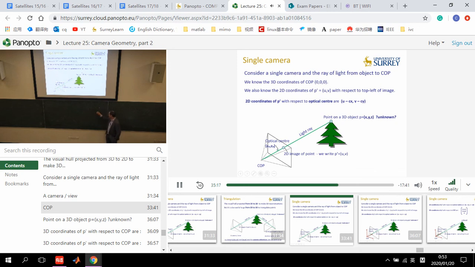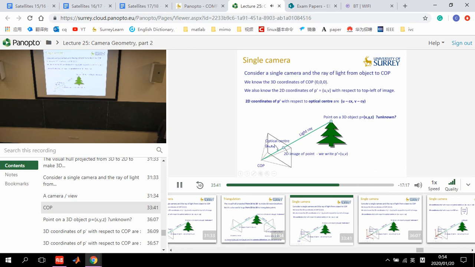Previously we've been talking about the starting position being x0 and x1 being the direction. In this case, we know the starting position: it is the center of projection of the camera. And what we're going to do, here on this slide at least, is assume that is just at the origin.